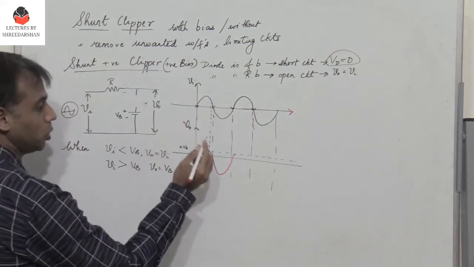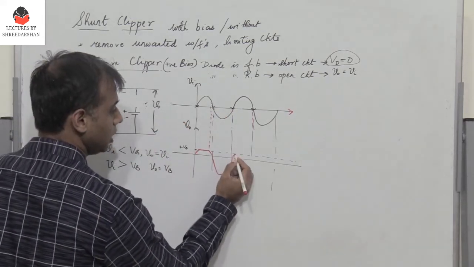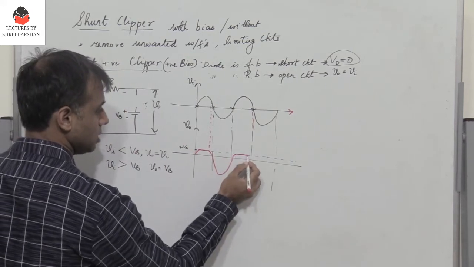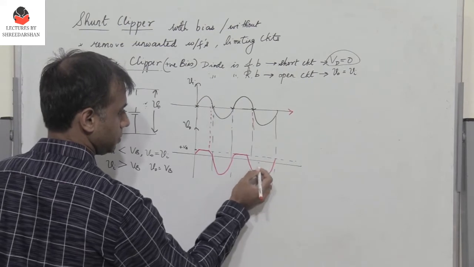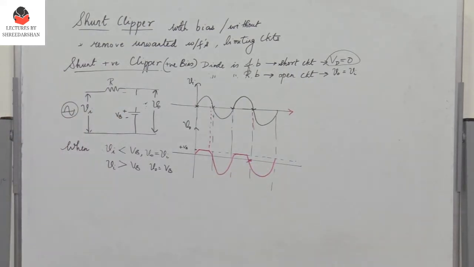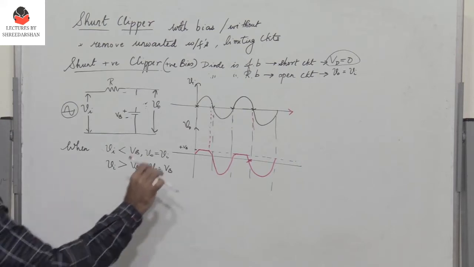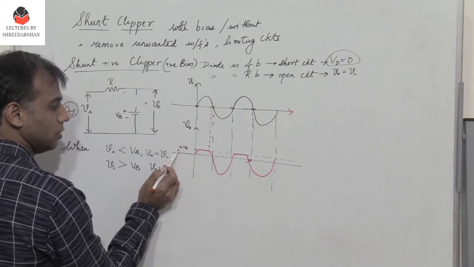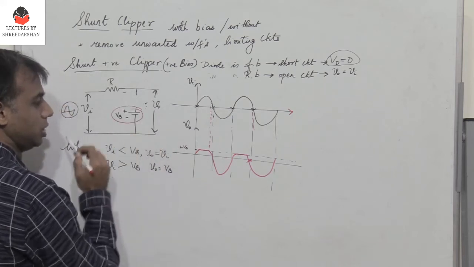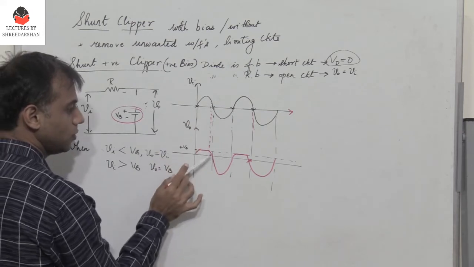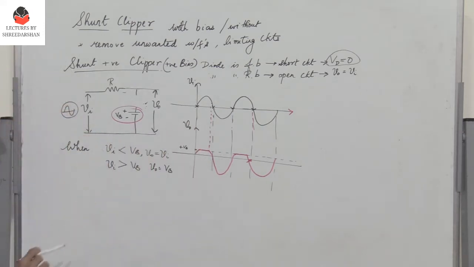Once the input voltage becomes greater than VB, the output voltage will be equal to VB here, as we have observed. So this is the output waveform that we get. During the positive half cycle, the output is clipped off beyond the positive bias voltage VB, and when the input voltage goes below VB, the output follows the input voltage.